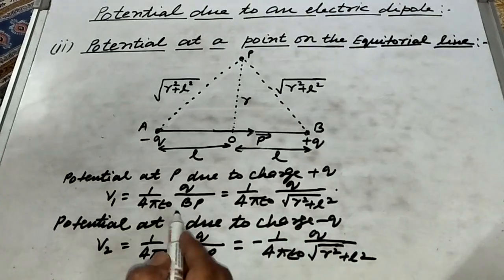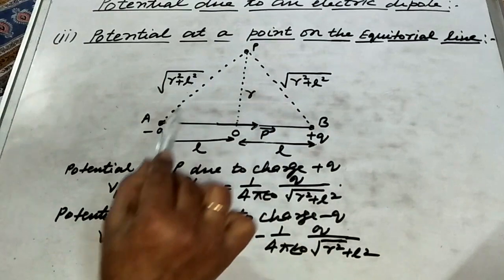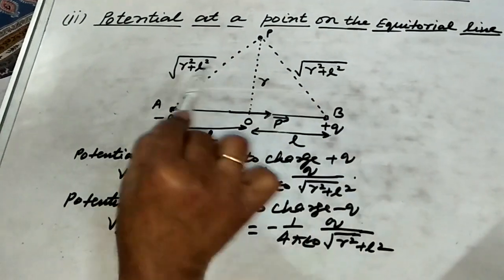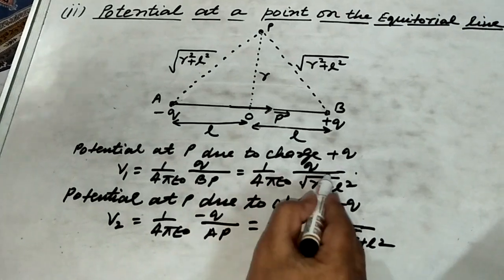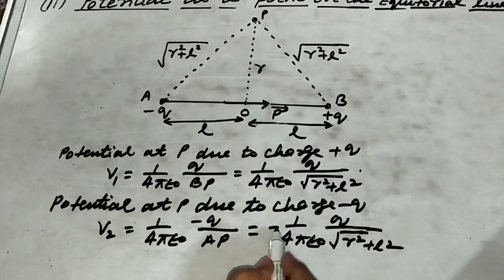It means the electric potential due to this charge plus Q at point P and due to this charge minus Q at point P are both equal, but one is with the positive sign and the other is with the negative sign.